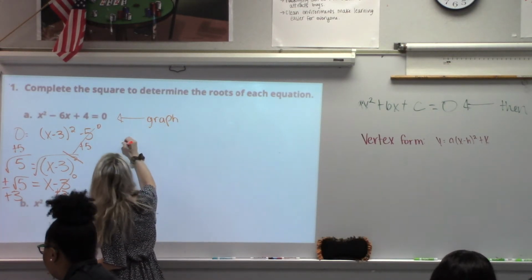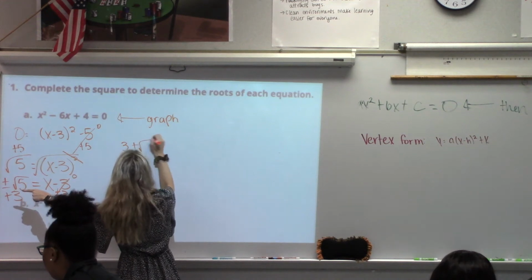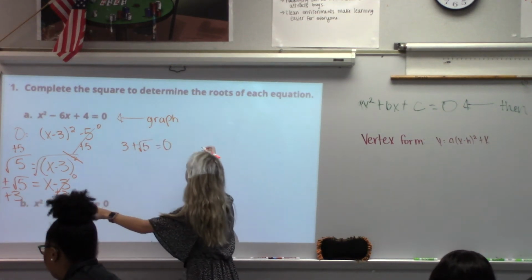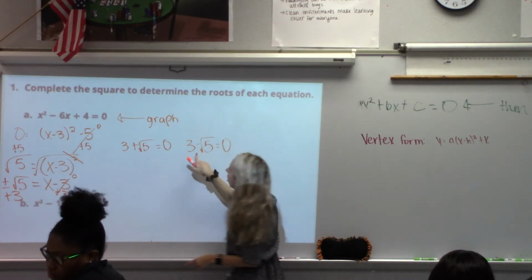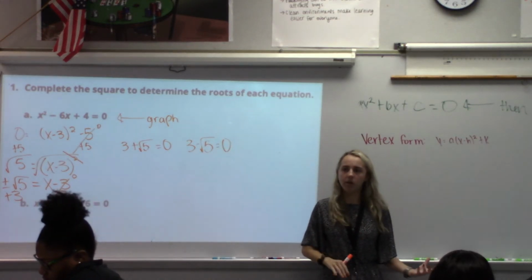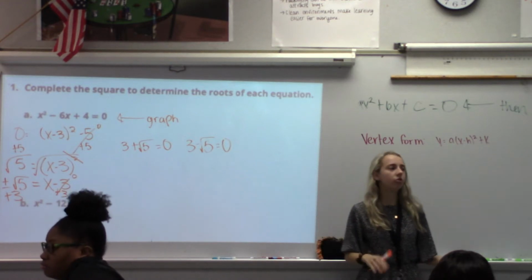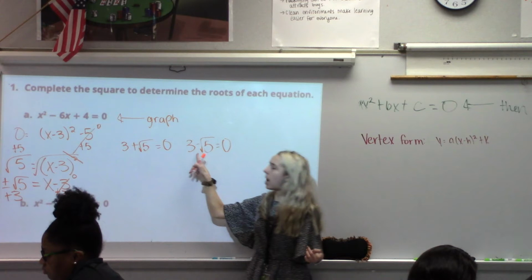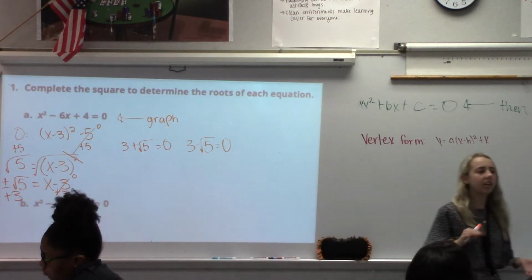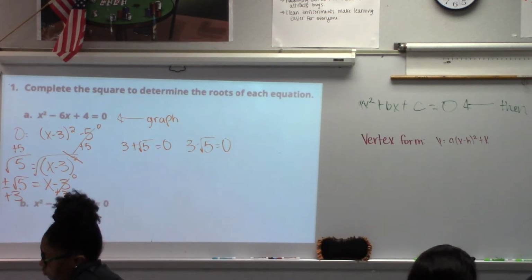So we'd write that it can either be 3 plus the square root of 5, but then also we have that other solution that's the negative. Okay? So the 3 was positive no matter what, but it's the plus or the minus of the square root of 5 that is changing here. Okay, and setting them equal to 0.